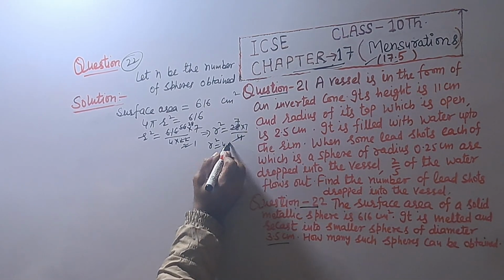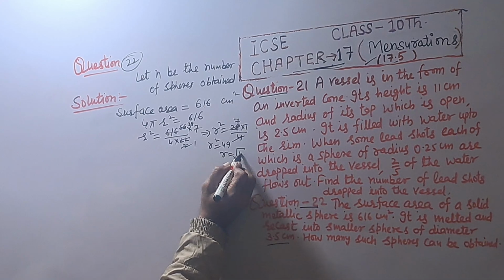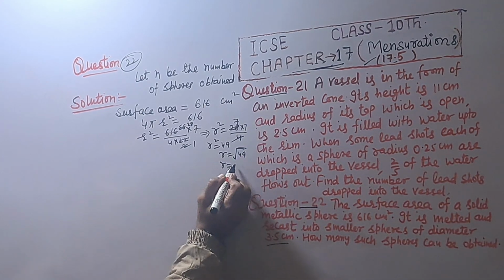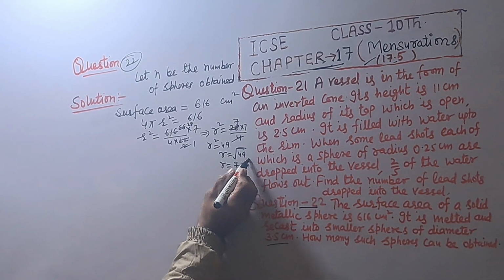R square is equal to 49. So R is equal to root of 49, and radius is equal to 7 centimeter.